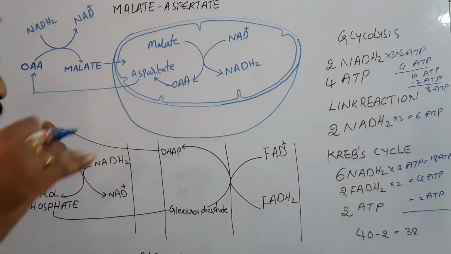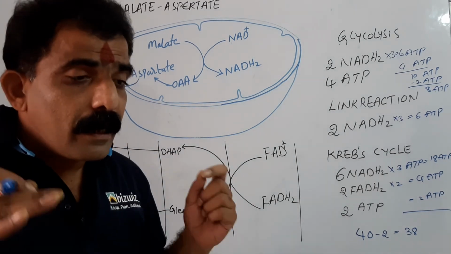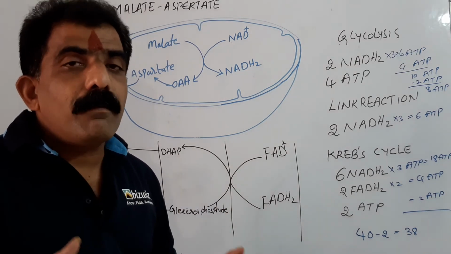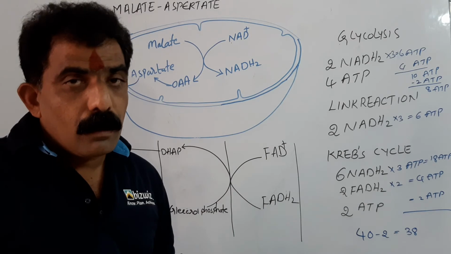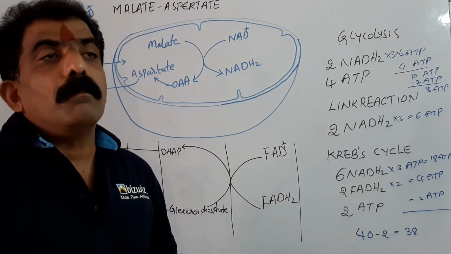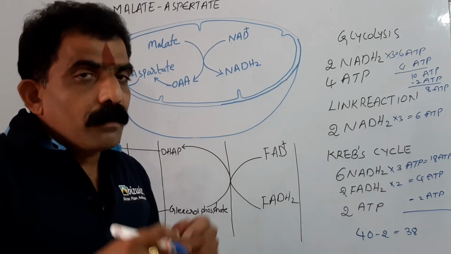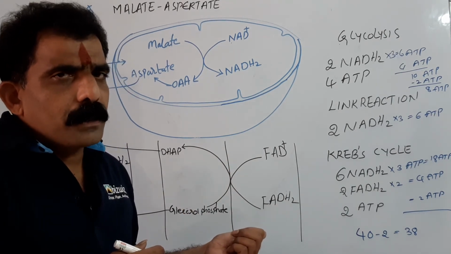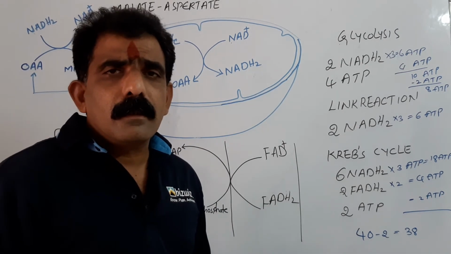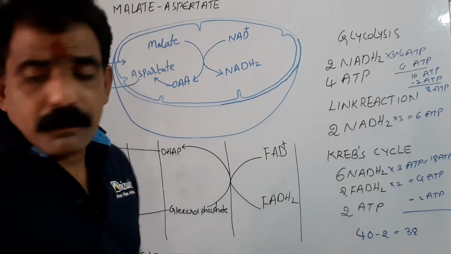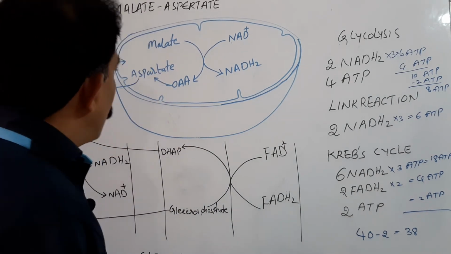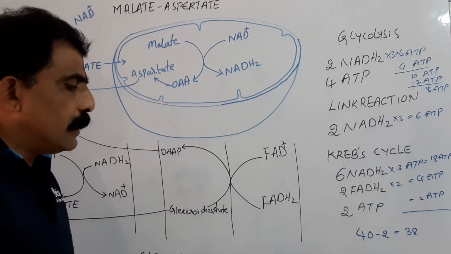So in the case of the glycerol phosphate shuttle, the cytosolic NADH2 transfers its reducing equivalents to FAD so that it is reduced to FADH2. It means one NADH2 equals one FADH2 here. FADH2 gives rise to only 2 ATPs. Now let us calculate how many ATPs are formed in aerobic respiration if the glycerol phosphate shuttle is operated.